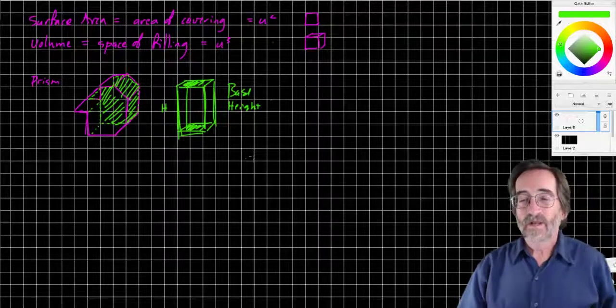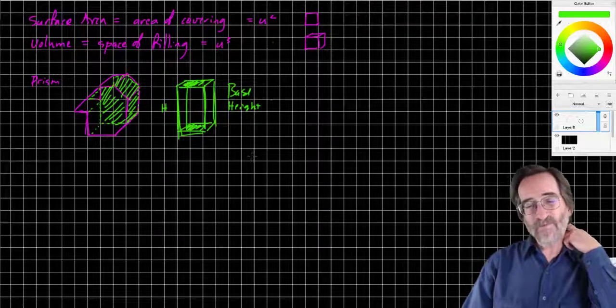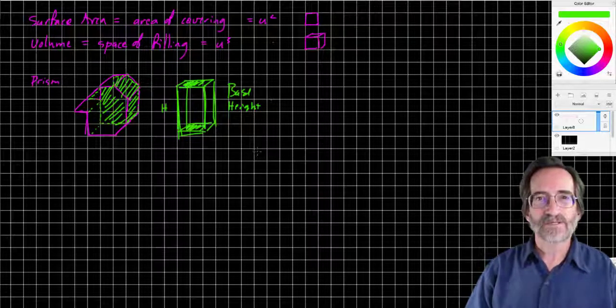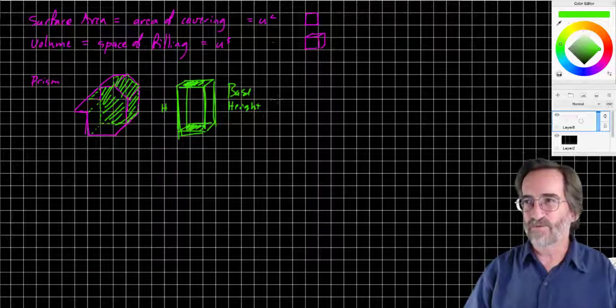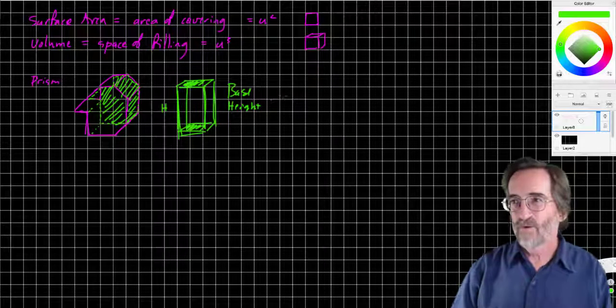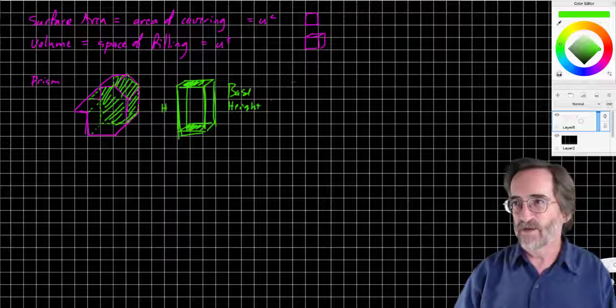Okay. Now, if you've ever taken apart a box, like a cereal box or a package that holds something, you know that it expands into a 2D shape. We call that a surface net. We learned that in Unit 1. But let's do this here.